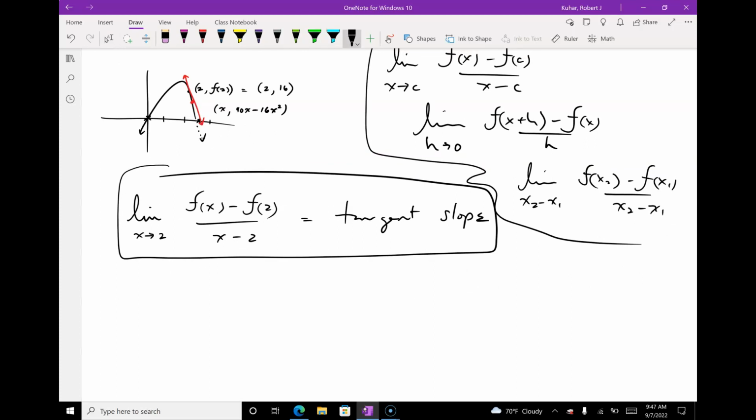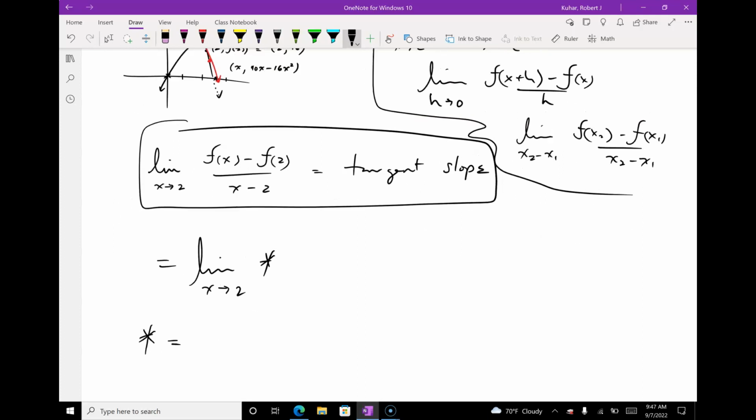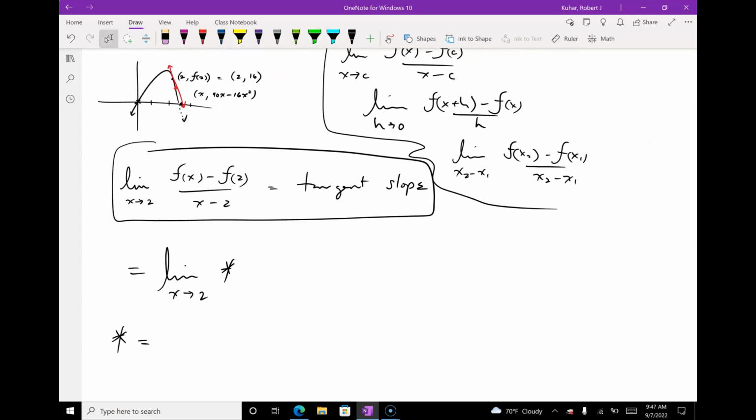So what do I get? This is the limit as x goes to 2 of star. Someone tell me what star is. What's my function? What's f of x? 40x minus 16x squared. What's my f of 2? Yep, minus 16, all over x minus 2.